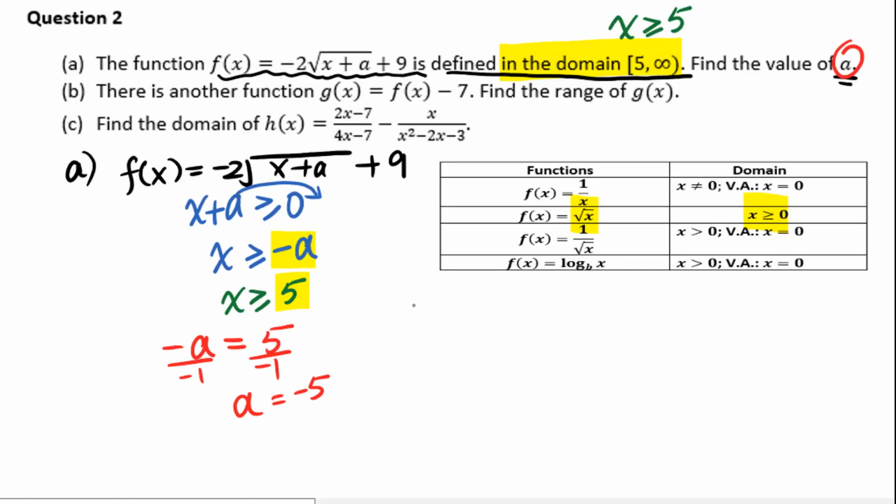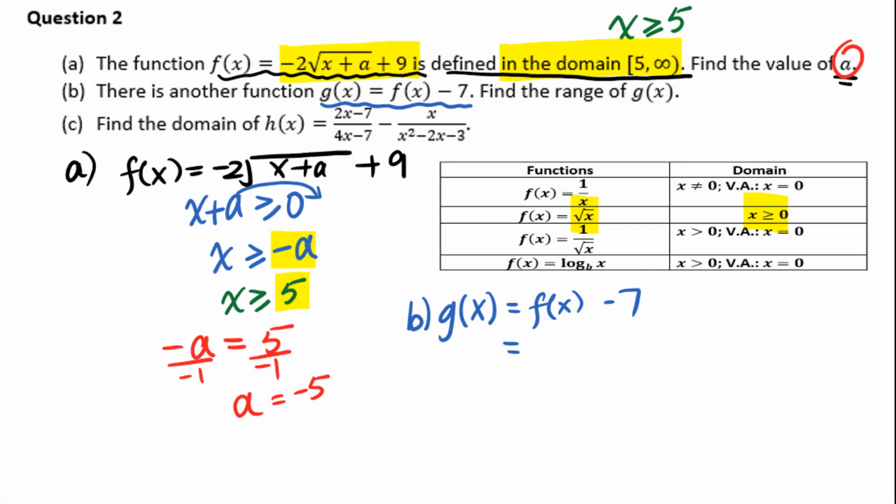Let's go to B. There is another function g of x equals f of x minus 7. Find the range of g of x. First of all, we need to figure out g of x. That is f of x minus 7. F of x is this.